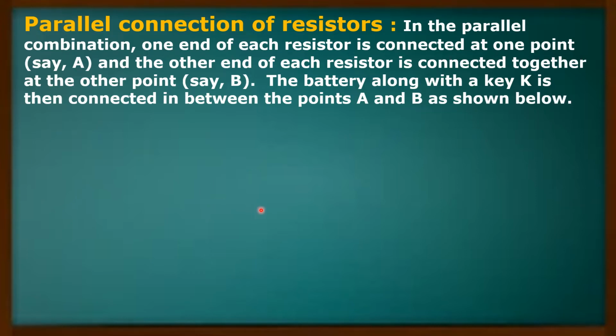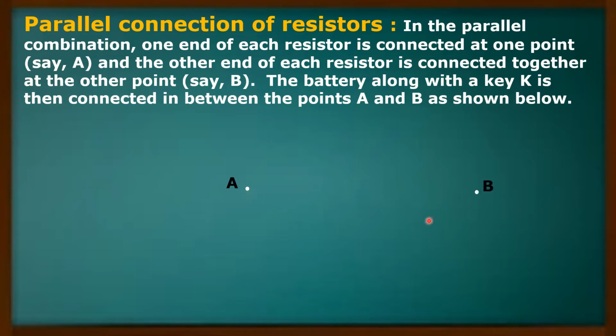Here are the 2 points between which I am going to connect three resistors whose resistances are R1, R2 and R3 respectively. Point A, here is the point B.